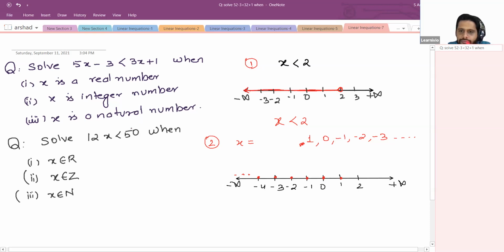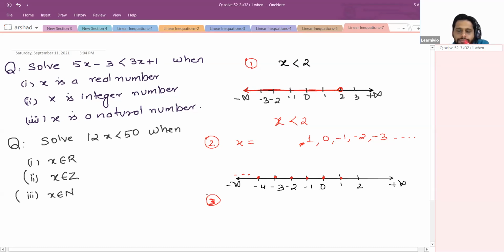Now X is a natural number. Okay, you start with the third one. So can you tell me what is the answer? X is a natural number for the same question. Okay, Rishan, what is the natural number?